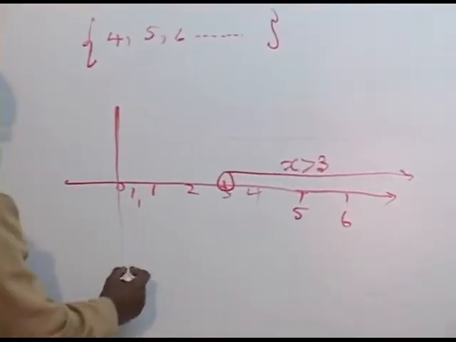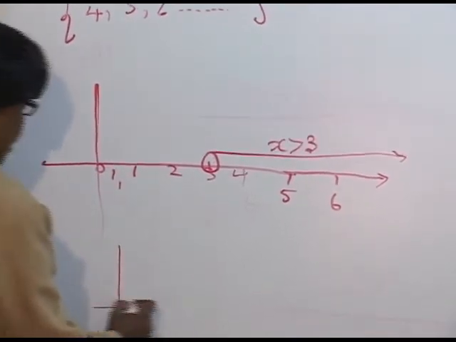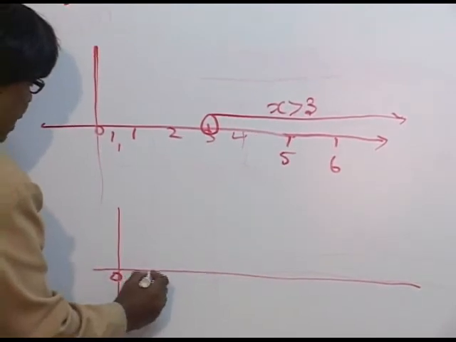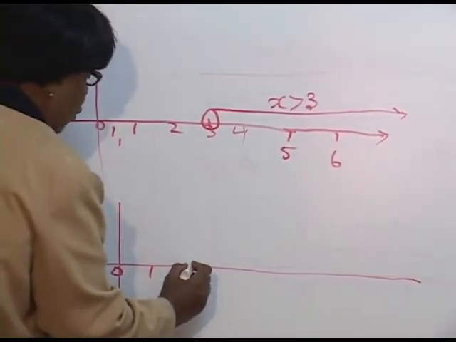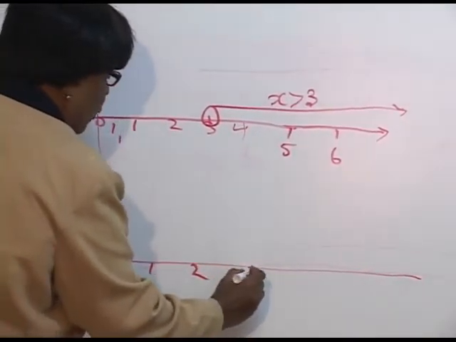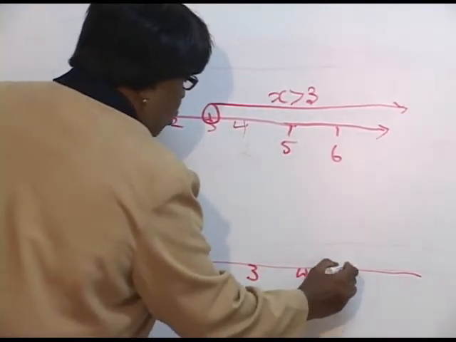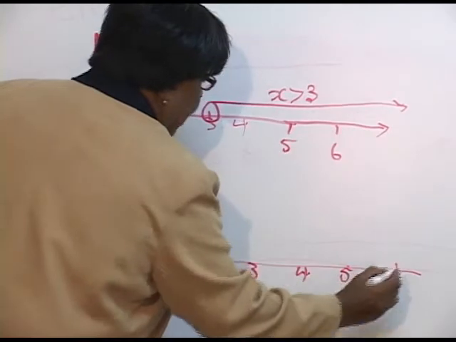And of course, you can tell me, because you're following in your books, that when we had less than or equal to, that circle was darkened because the number was included.